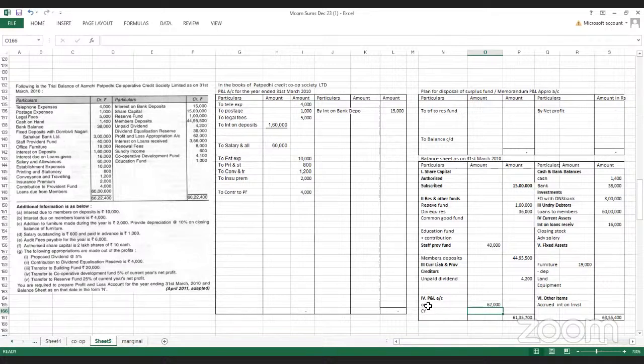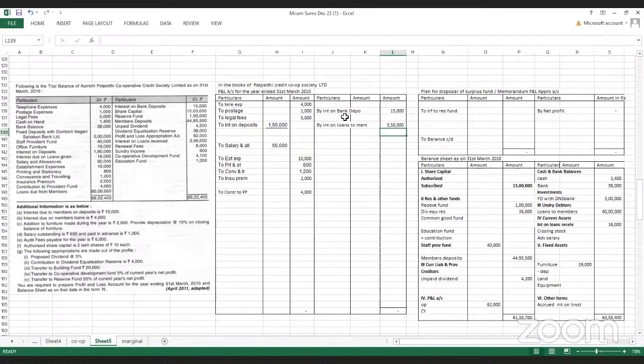Next, interest on loans. So this is your income. I'll put it on the credit side. Any credit item is income. By interest on loans. The members. Okay. So this is a Pathpedi, that is a cooperative bank.